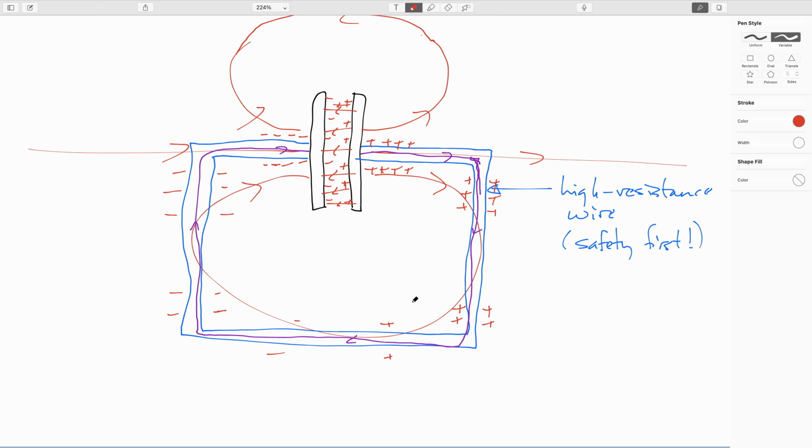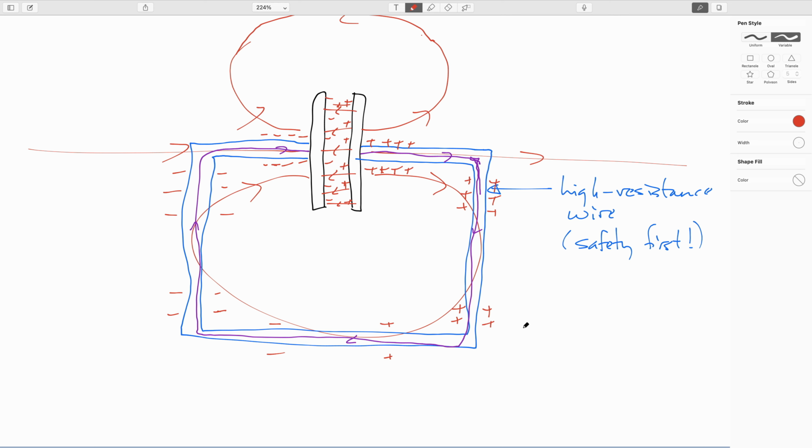So it'll look something like this for a surface charge density.